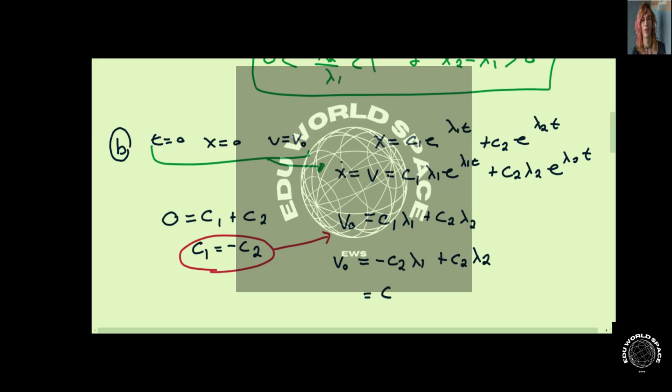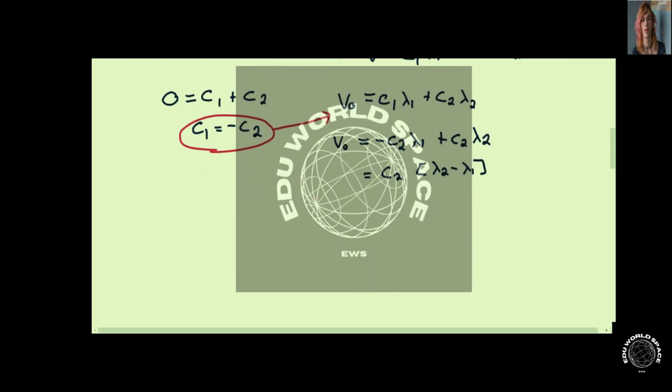And because of this, we end up with c2 equals negative v naught divided by lambda 2 minus lambda 1. And if c2 is going to equal negative c1 and we plug it in, we are going to get a c1, and we get c1 as v naught over lambda 2 minus lambda 1.